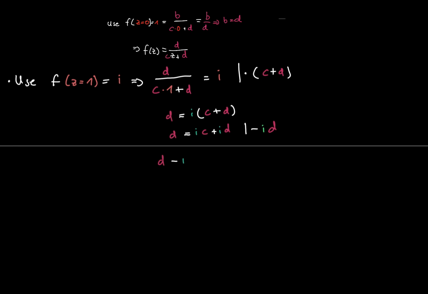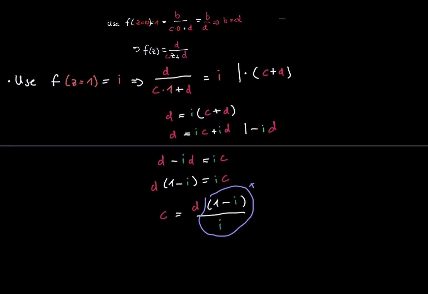We get d - id = ic. Factor out d. That gives d(1 - i) = ic. Now solve for c. This gives c = d(1 - i)/i.